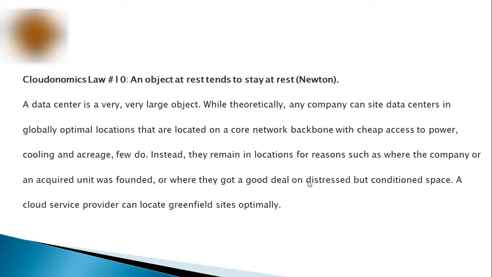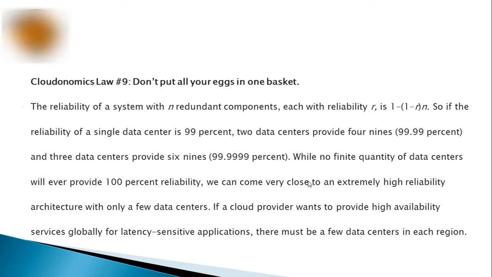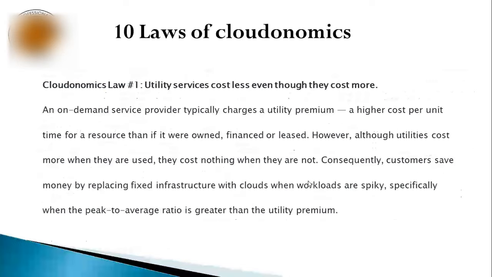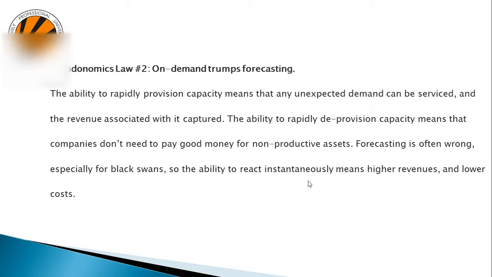So these are all the cloudonomics laws. Let us repeat them once again. The first one is, utility service costs less even though it costs more per unit. Second is, on-demand trumps forecasting. Simply, you need not forecast; on-demand will work for you. You can get your resources on demand instead of forecasting.